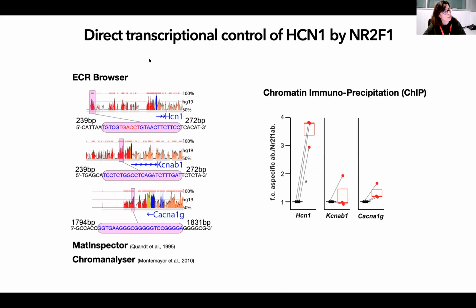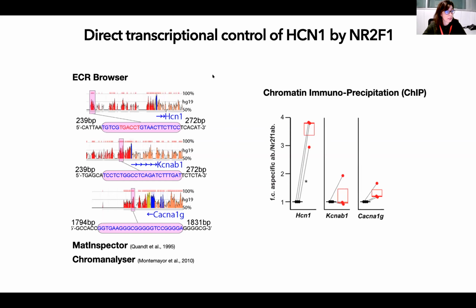After observing these changes in ion channels, specifically in HCN1, after deletion and loss of NR2F1, our next question was whether NR2F1 was having a direct role in the transcriptional control of these ion channels. For this, we looked for conserved motifs that could possibly be binding sites in the promoter.